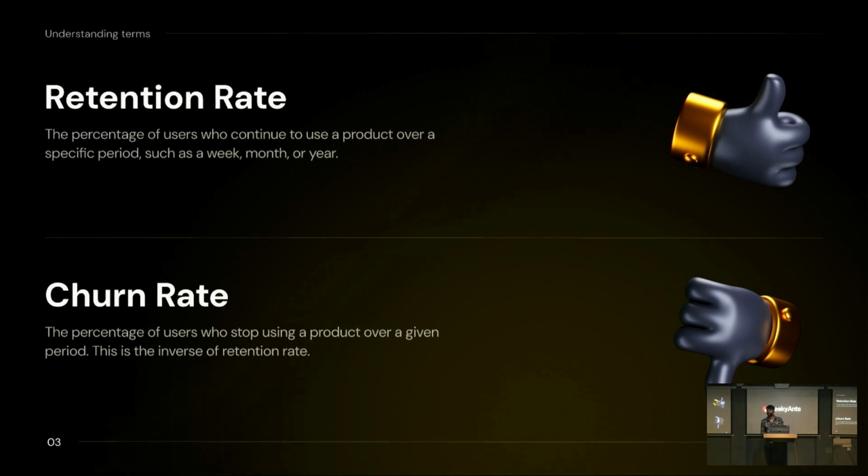It means the total number of people who stopped using the product. So let's say that on the same e-commerce application, you had about 100 people using the application, and about 20 people stopped using it by the end. That gives you the churn rate.